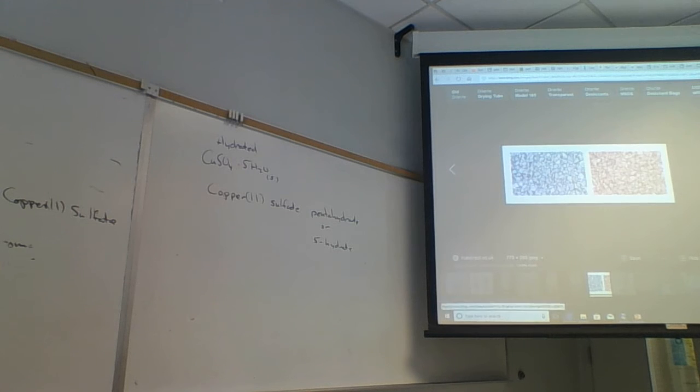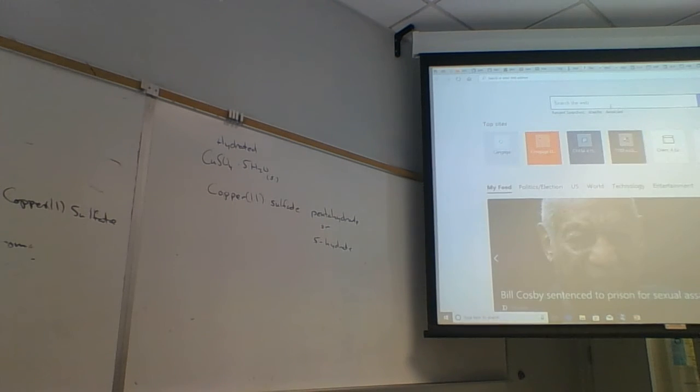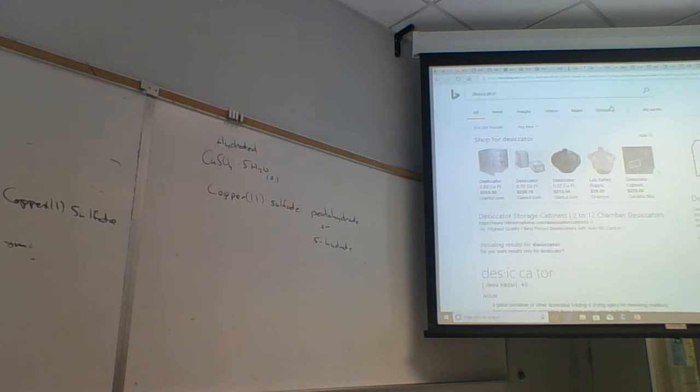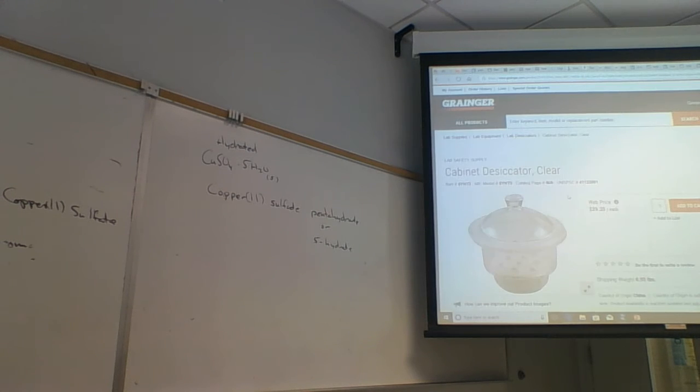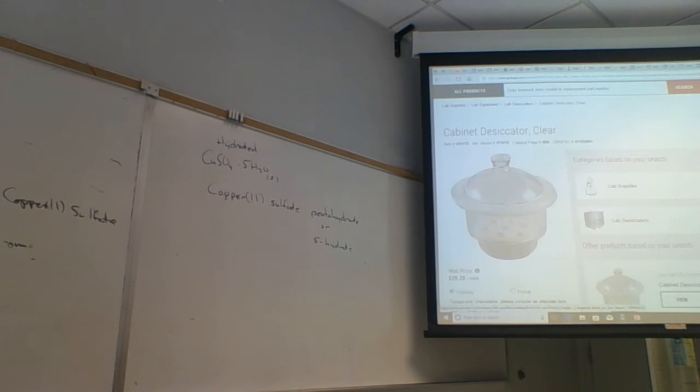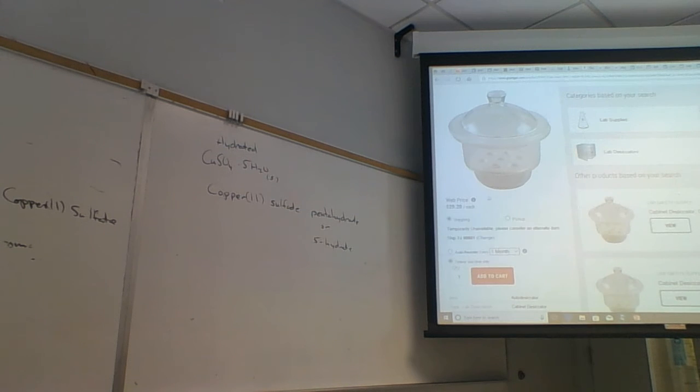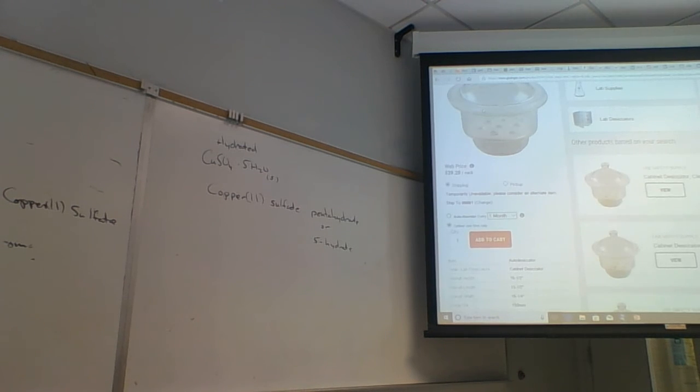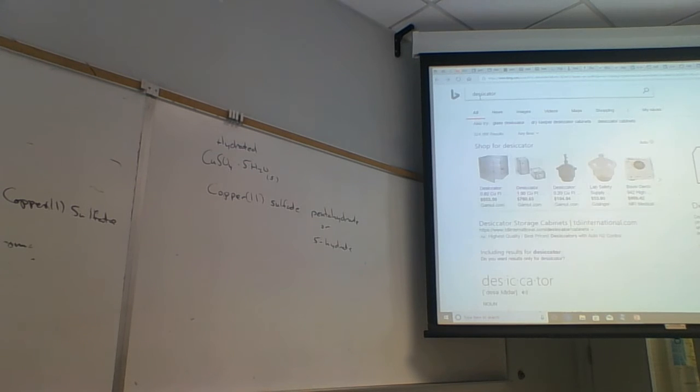And then we usually place those in something called a desiccator. A desiccator could just be a closed bottle, you know, like your drug bottle. But we use fancy desiccators like this. They're expensive. Well, that's pretty cheap, $29.20. Cheap compared to this, $124. Yeah, that's really cheap for a desiccator.